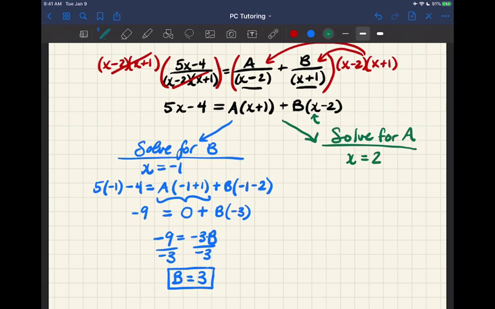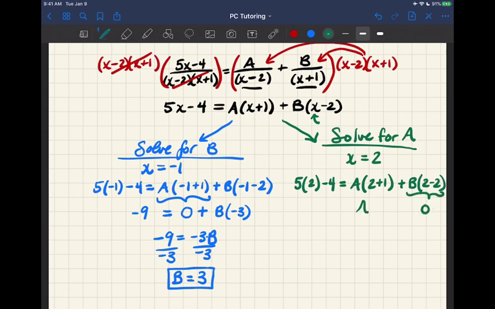So let's do the whole thing over again, and let's substitute everything for 2. We have 5 times 2 minus 4 equals a times 2 plus 1 plus b times 2 minus 2. And notice we're in this wonderful situation again where this is equal to 0.